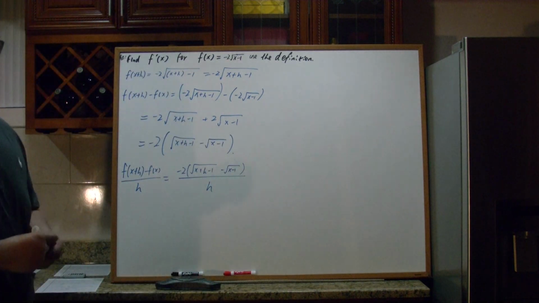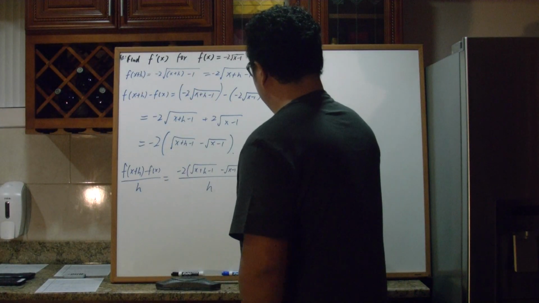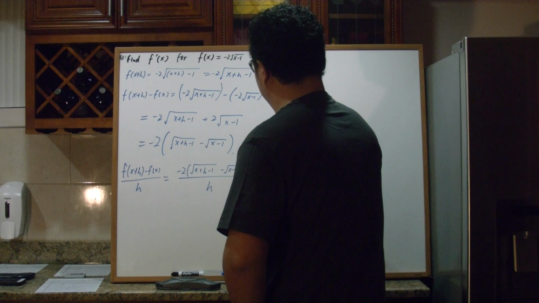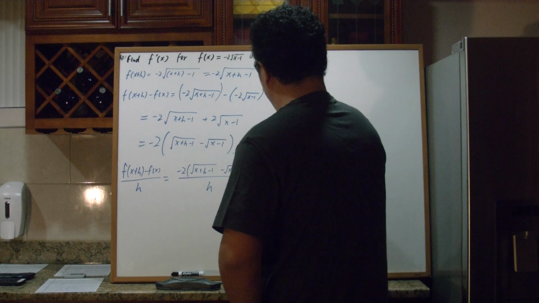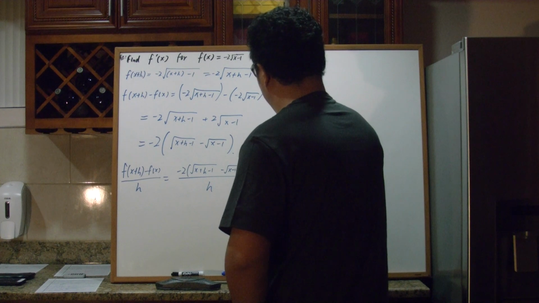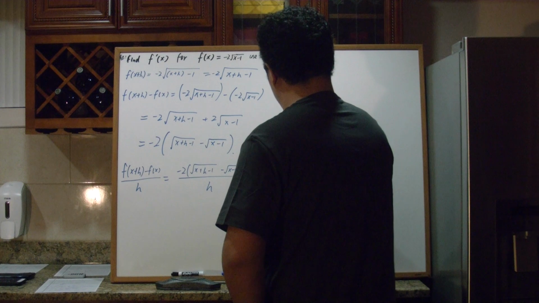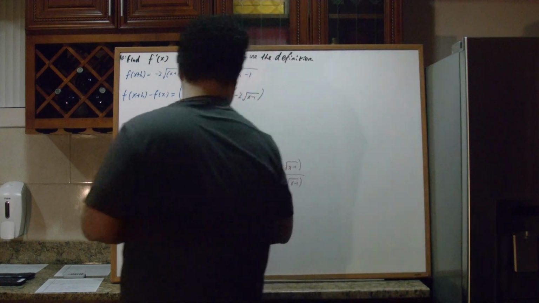Right, in this case, we multiply its conjugate pair. Multiply radical x plus h minus 1 plus radical x minus 1. Right?